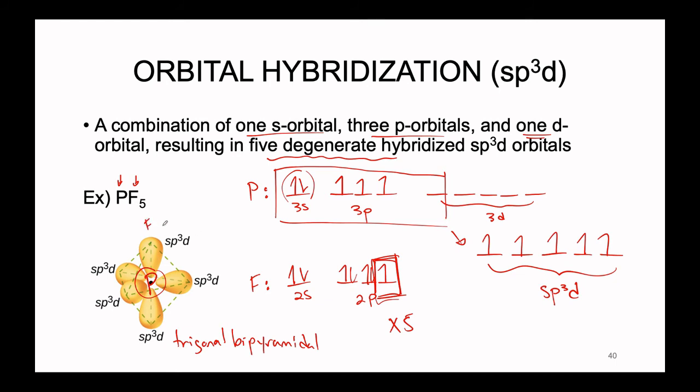This means as each of our fluorines comes in nearby around the hybridized sp3d orbitals, their unpaired electrons will be able to overlap and create 5 equivalent in energy sigma bonds. All right, so this is how the sp3d hybridization works. We're just grabbing one of those empty d orbitals, pulling it out from high energy space, and hybridizing with it to create 5 equivalent energy levels where our unpaired electrons can be.